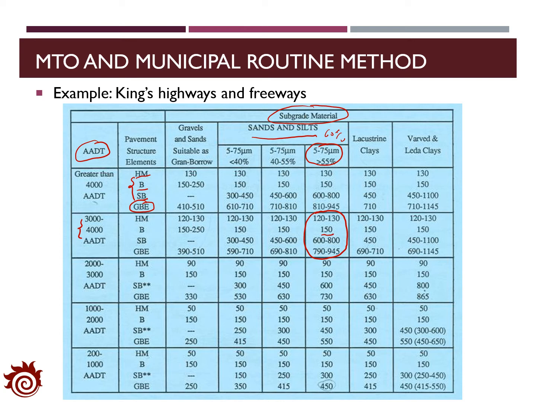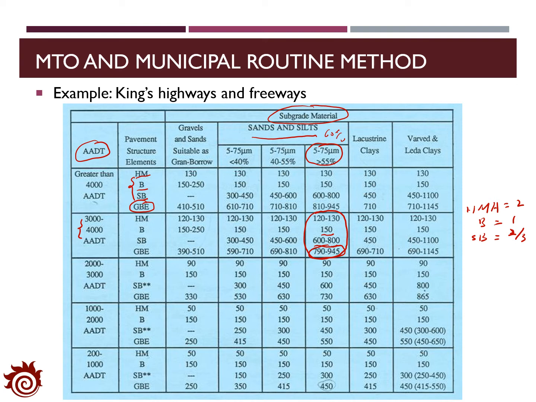For the subbase it is 600 to 800 millimeters. By using the GBE factor for the hot mix asphalt, which is 2, base is 1, and subbase is 2/3, we can calculate the equivalent thickness as 790 millimeters to 945 millimeters.